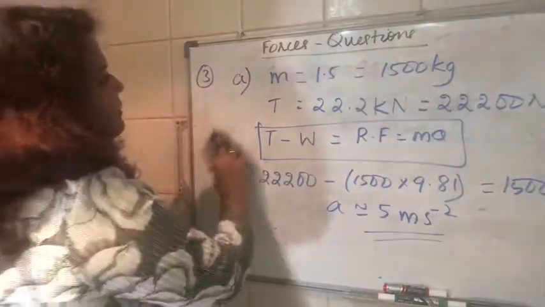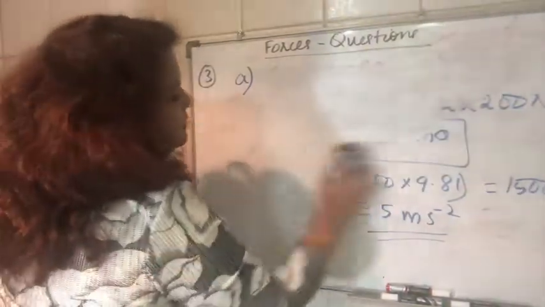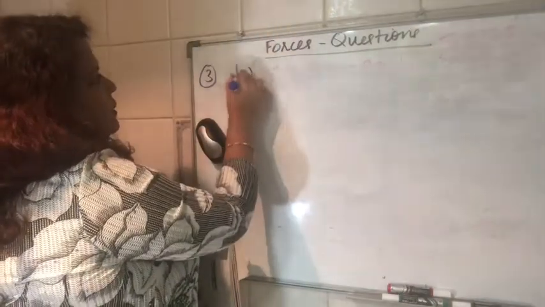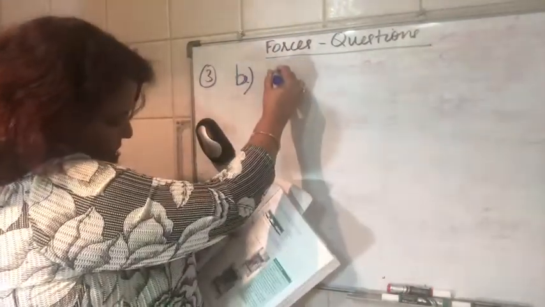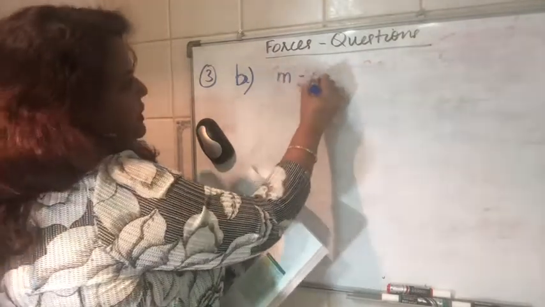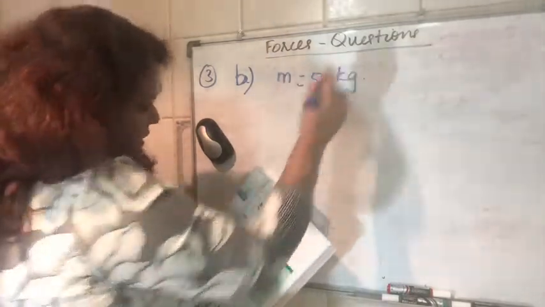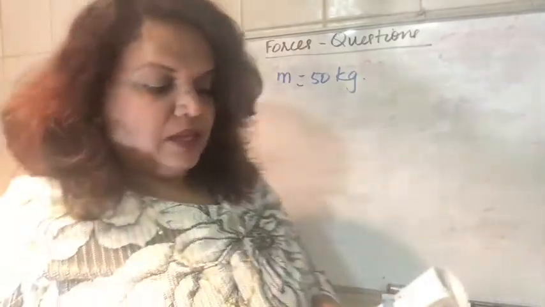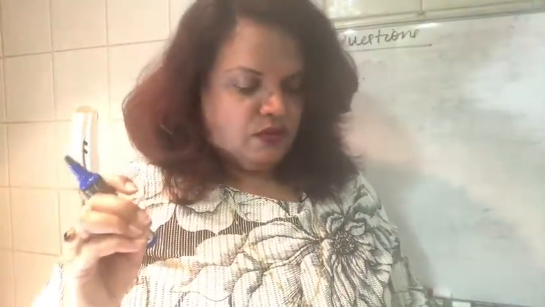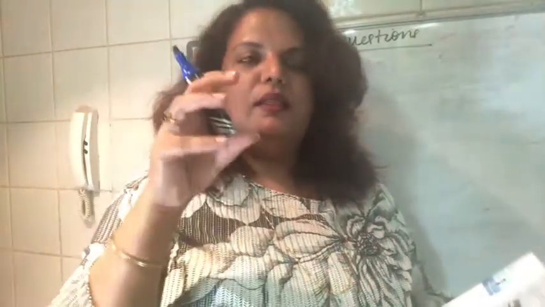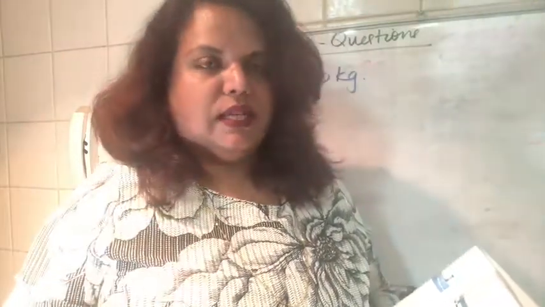Now the B part is related to just the person. The mass of the person is 50 kilogram, and the question says, calculate the normal contact force of the floor of the lift on her feet. Now you have to take the person as a single object and think about the forces acting on it.